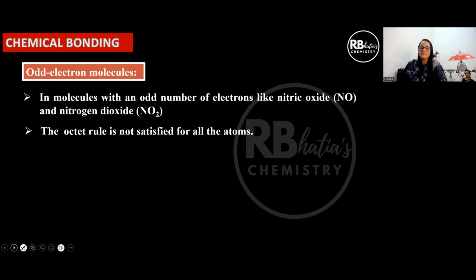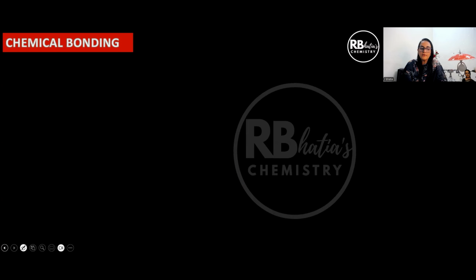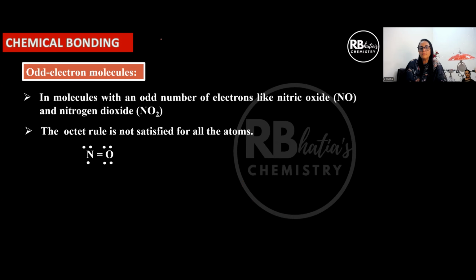The next very important example is of odd electron molecules. Molecules with an odd number of electrons, like nitric oxide and nitrogen dioxide. The octet rule is not satisfied in these molecules, and you can even be asked to draw the Lewis-Strauss structure for these 2 molecules. So what problem are we going to face? If I try drawing the Lewis-Strauss structure of the NO molecule, what do I observe?